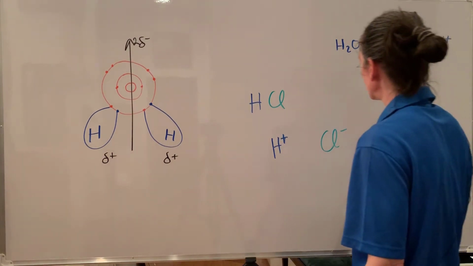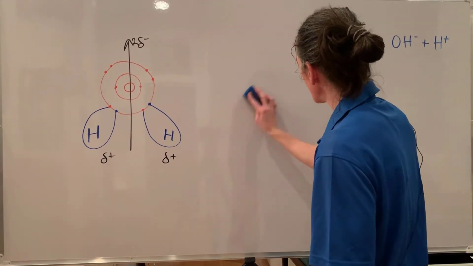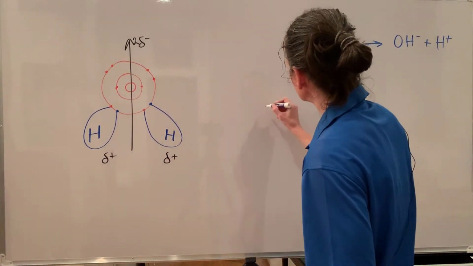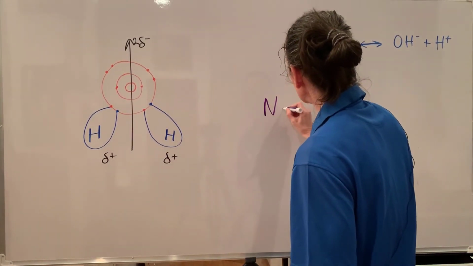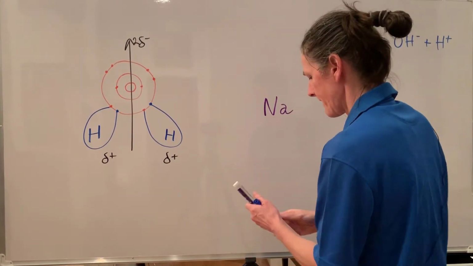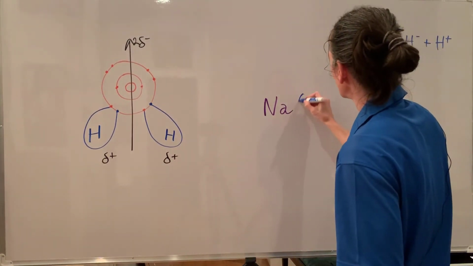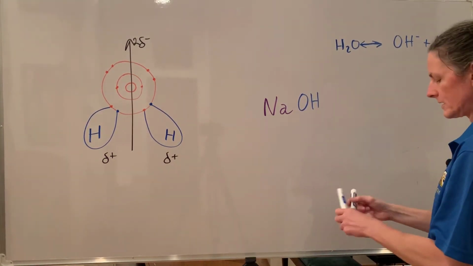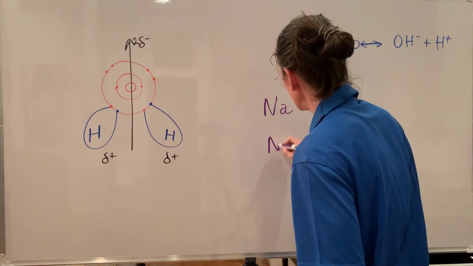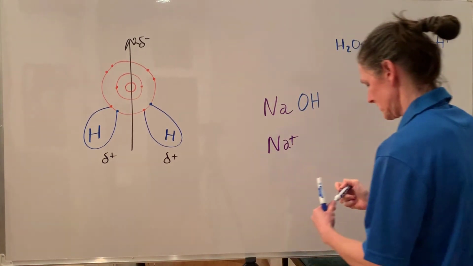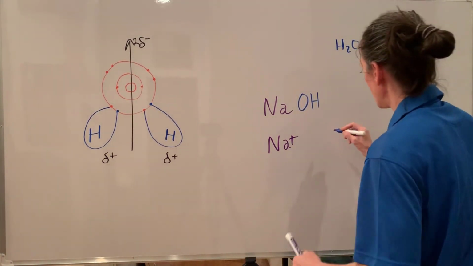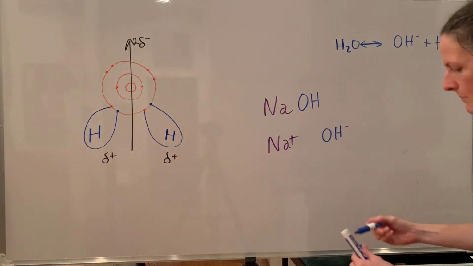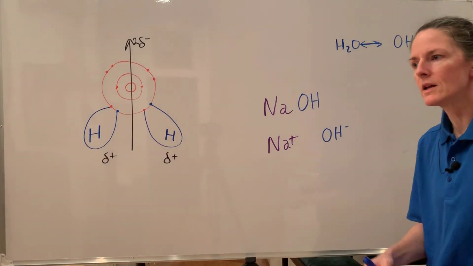Now, let's look at a very strong base. A strong base also completely dissociates in water. Let's look at sodium hydroxide. So again, we have sodium and we have hydroxide. And when you put this in water, they will dissociate into sodium ion and hydroxide ion. And hydroxide ion will immediately start picking up any hydrogen ion that is in solution.